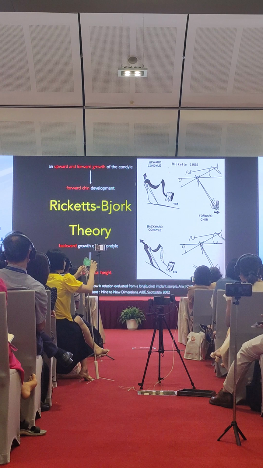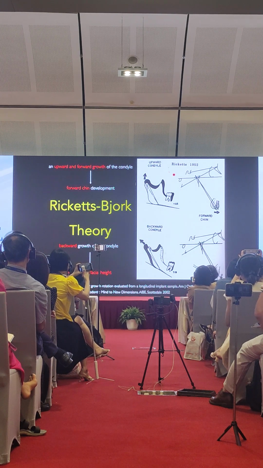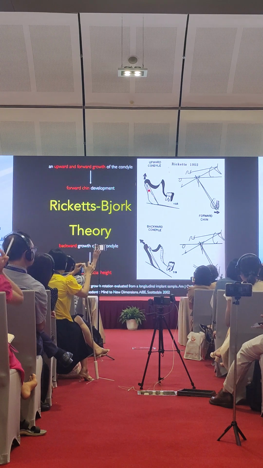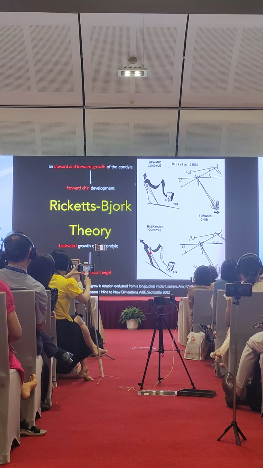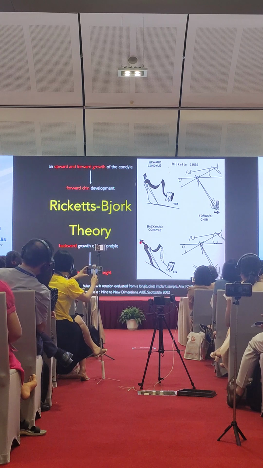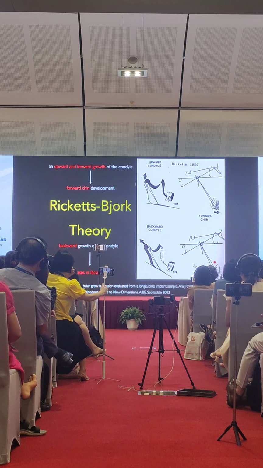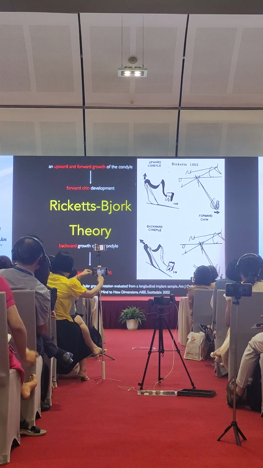And look, same as I said, back in 1952, Ricketts: when the condyle grows upward and forward, the chin goes forward. But when the condyle goes upward and backward, the chin goes downward and backward.